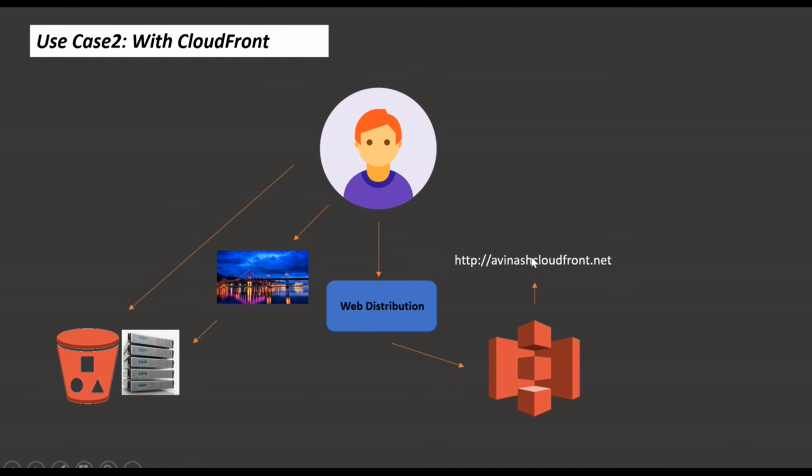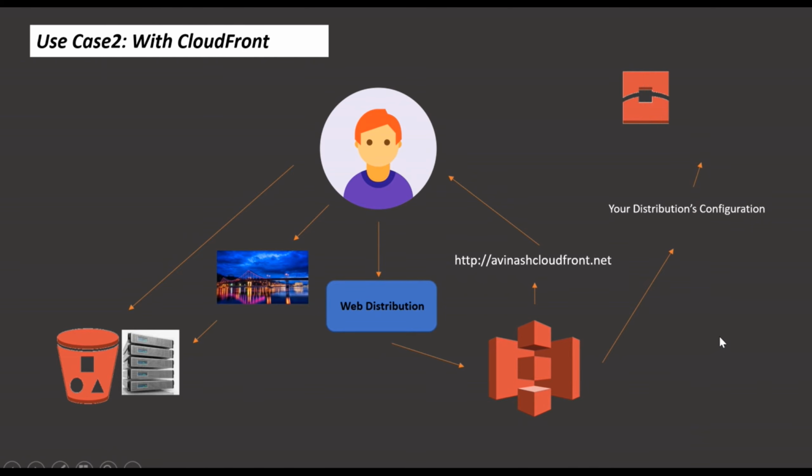This domain name can be provided by CloudFront, or you can use your own customized domain name if you already have one. Then this configuration sends the information back to the developer, and the same information you can see under the CloudFront dashboard. After that, this CloudFront distribution sends the distribution configuration to the edge locations.